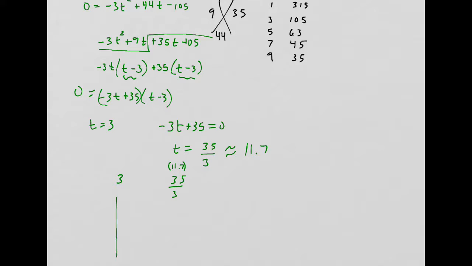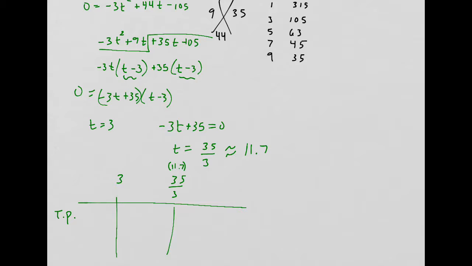And then I draw lines down, I make a chart, and then I have test points. TP is test points. Maybe you write that down. I'm not going to write it down. So I'm going to pick some test points that are on the left side of 3, in between 3 and 11.7, and on the right side of 11.7. What does that mean? It just means you should pick a number smaller than 3, one in the middle of those two numbers, and then one bigger than 11.7.